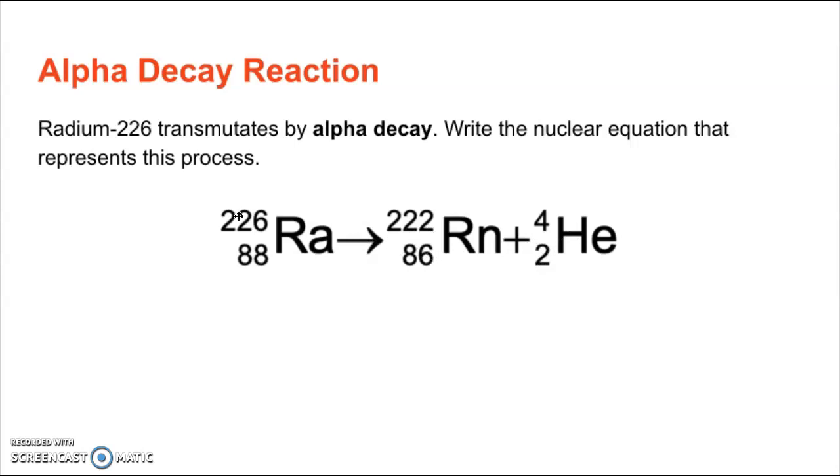Same thing here. If I have 226 here, I know my mass number on the other side is 4. In order to have both sides equal 226, my mass number is going to be 222. So 222, 86, and when I look on my periodic table, I see that the element with the atomic number 86 is radon, Rn.